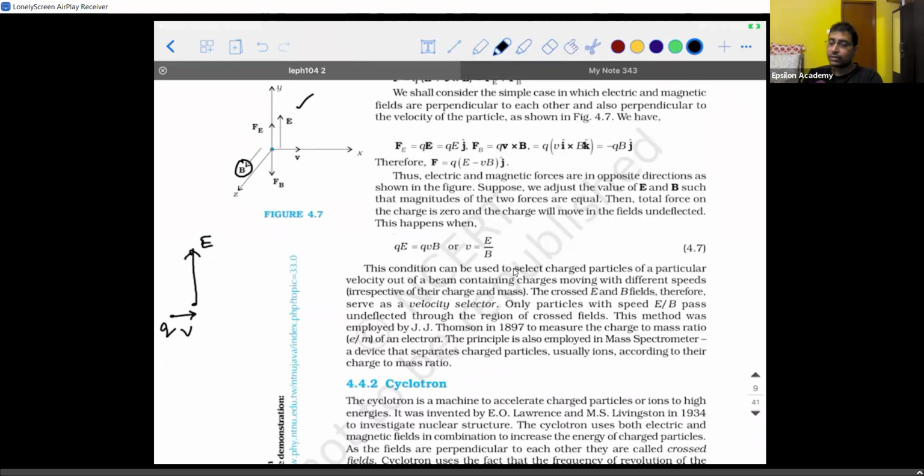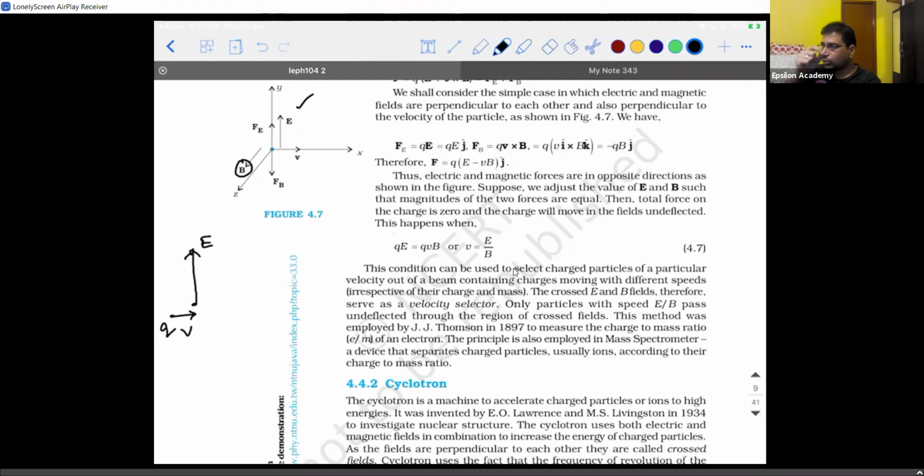So when the magnetic field is introduced, remember the velocity is perpendicular to the magnetic field also. So in which direction is it going to experience force? Before that I want to ask one more question.